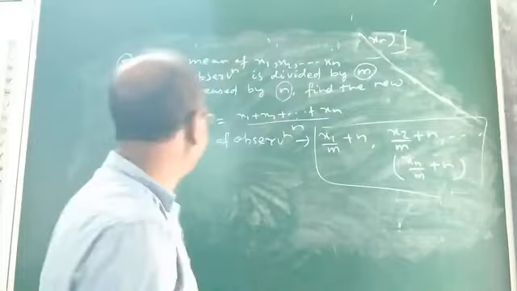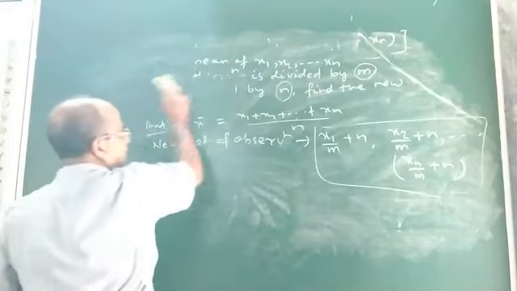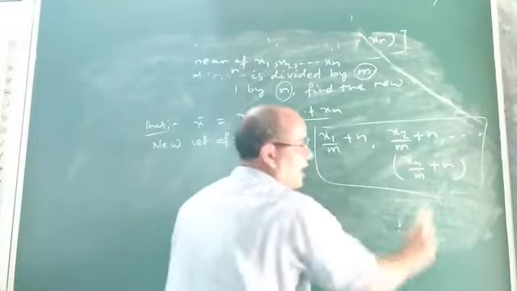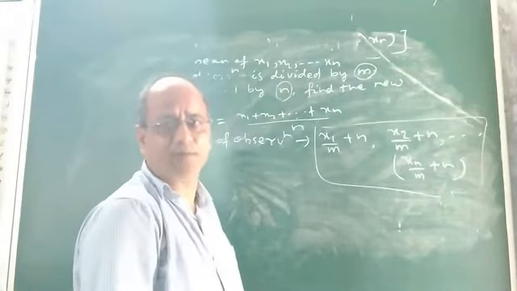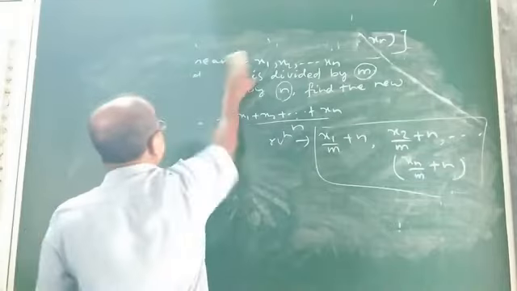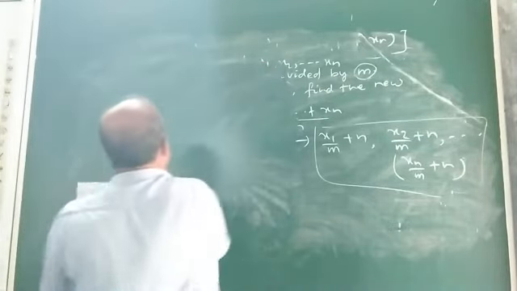To find the mean of these observations, we have to add all these observations and divide by the total number of observations, that is n.